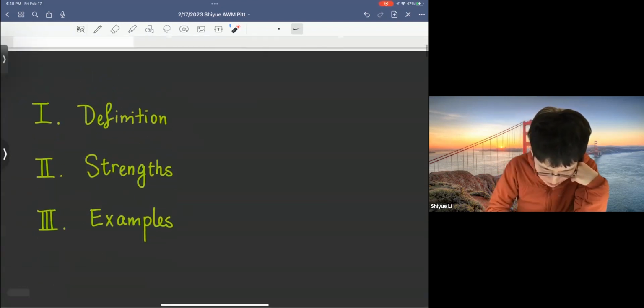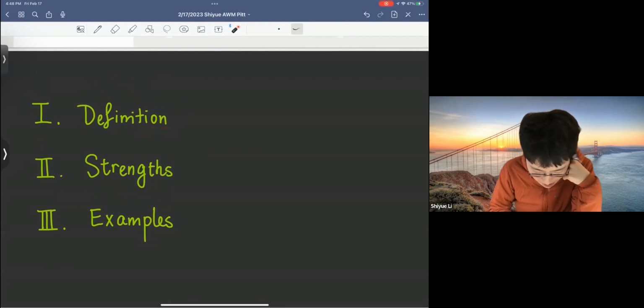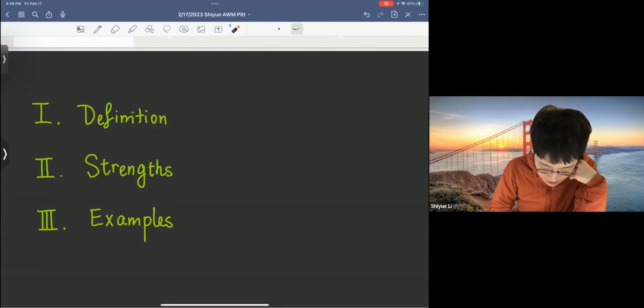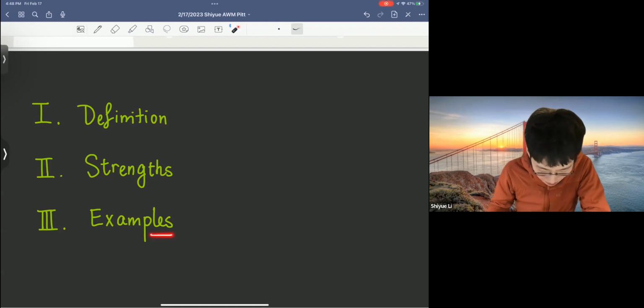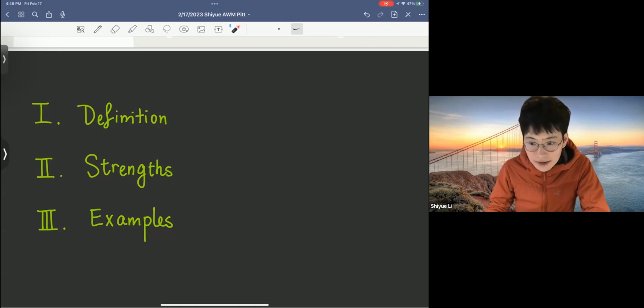I'll first tell you some definitions, and we'll discuss what are some strengths of this definition compared to some familiar notions of log-concavity that you may or may not know. And then I'll show you some examples. And the example that I mentioned in the abstract will be the main example here.